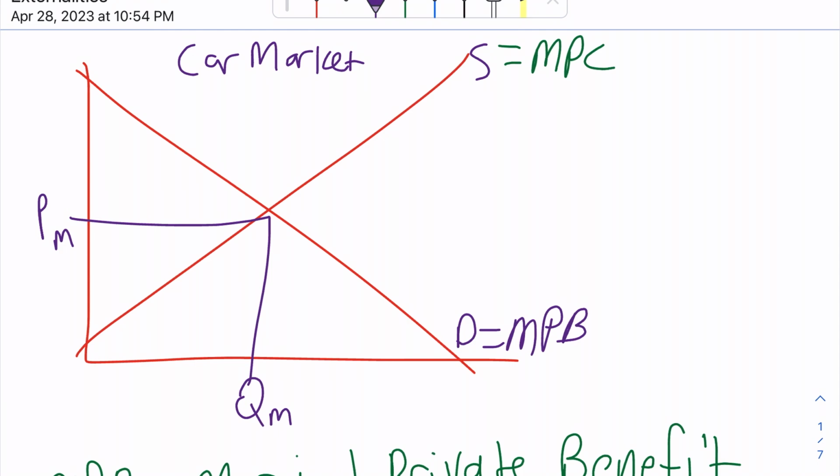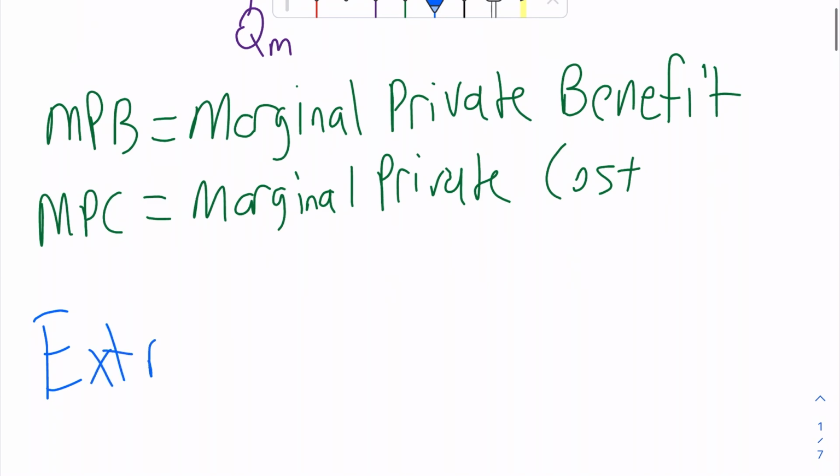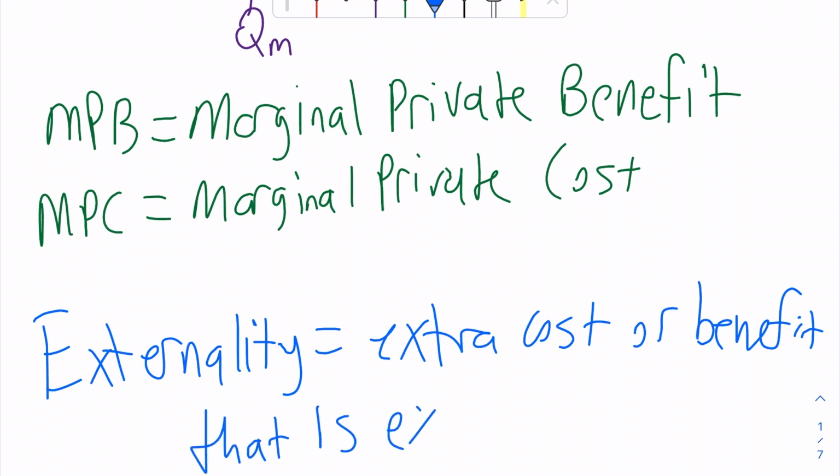However, when you are consuming something or producing something, we could cause what is an externality. And an externality is, in a way, an extra cost or benefit that is external to the consumption or production.